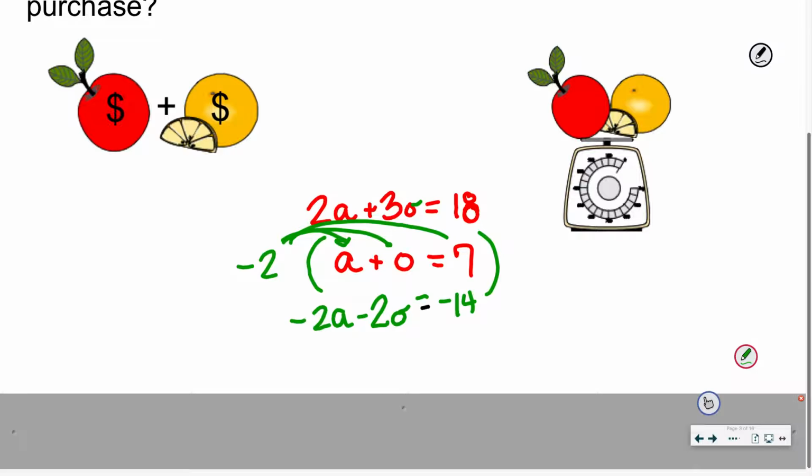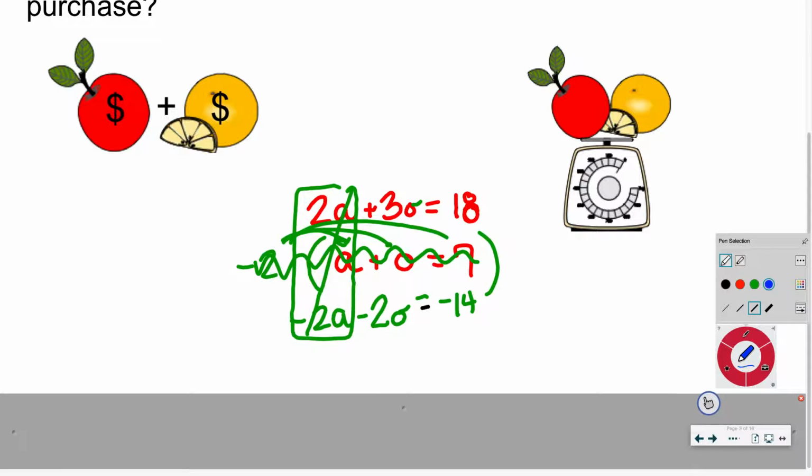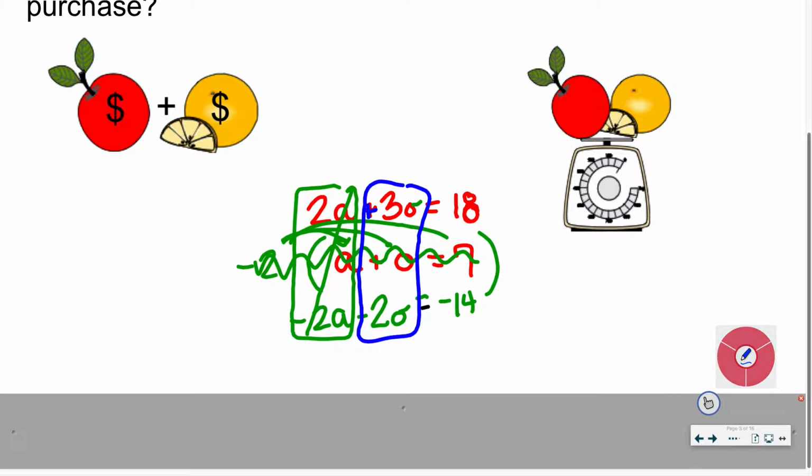Now, if we combine this, the 2A eliminates. 3O and a -2O give you what? How do you get 1 O? Isn't it +3 and -2?